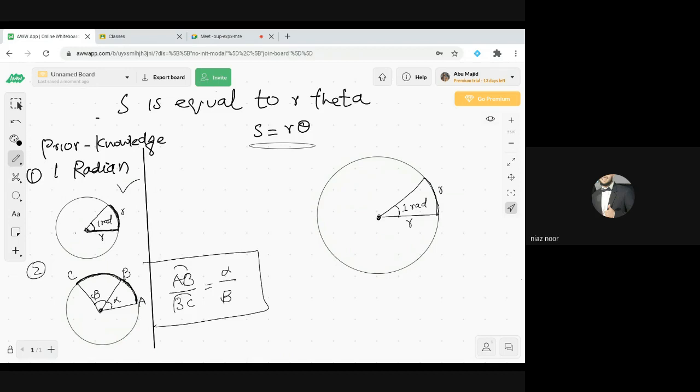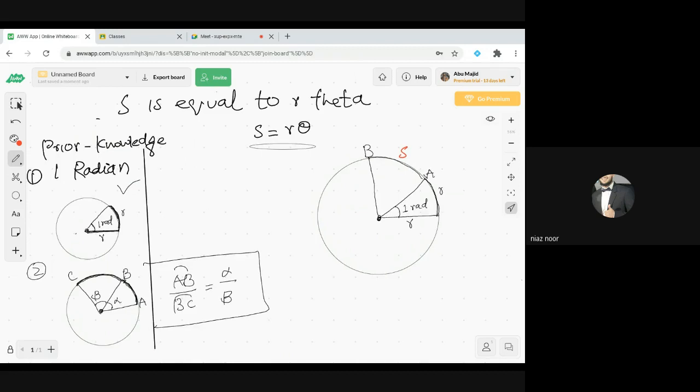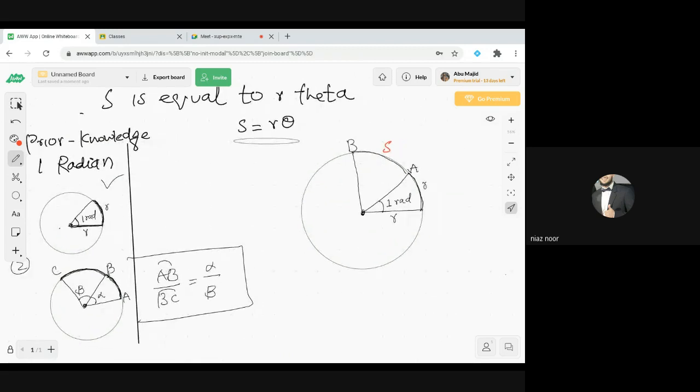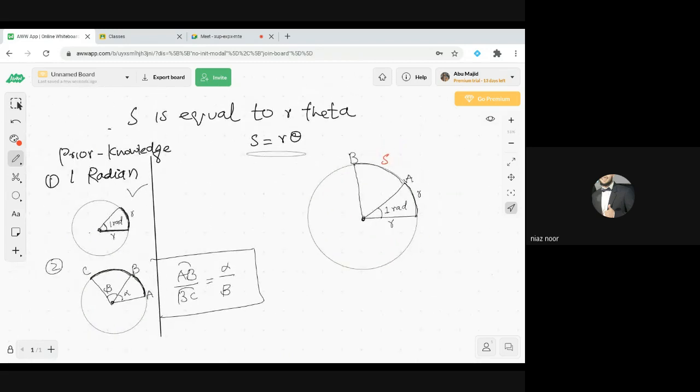In the same way, imagine we have another arc, which is arc AB. And the arc length here, let's say we name it S. And the angle subtended by the arc S, let's say this is theta.